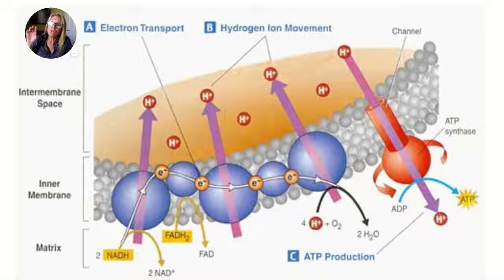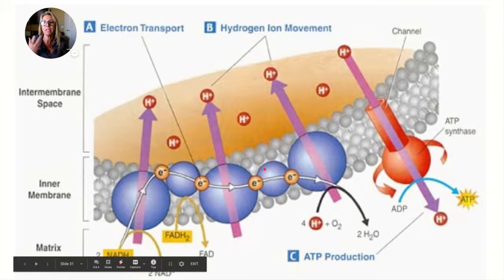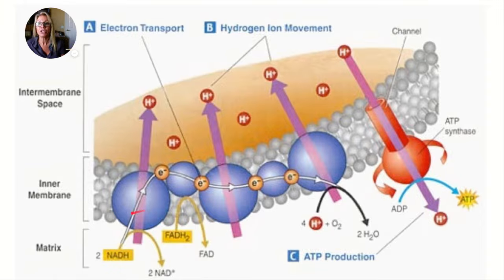Those NADs sometimes will come all the way into the ETC, but sometimes they'll be like, I don't feel like it, and they'll drop off their electrons to FAD and have FAD be the mule to go into the electron transport chain inside the mitochondria. So some of those NAD from glycolysis won't always get you the 3 ATP. If they hand it off to FAD, then you will only get 2 ATP.